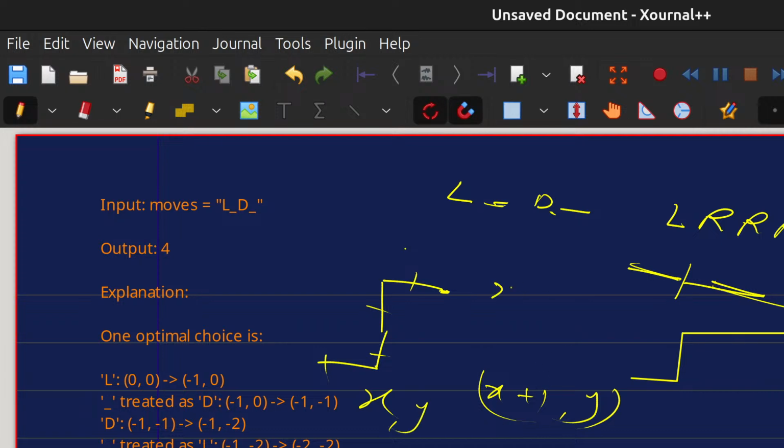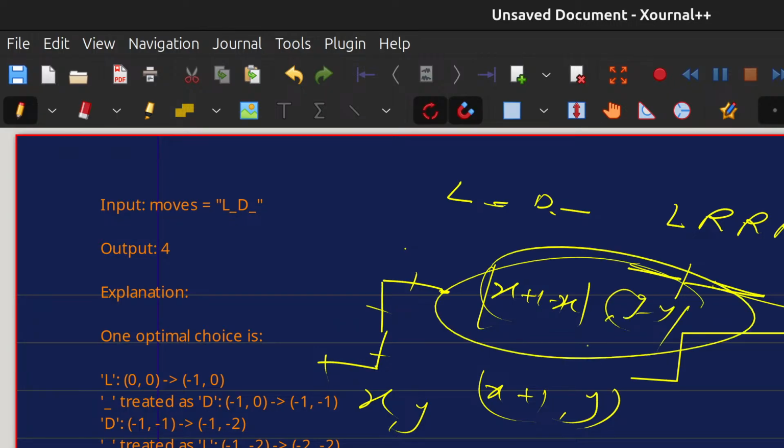What I will do is x plus 1 minus x, and y minus y. I will do this absolute difference.